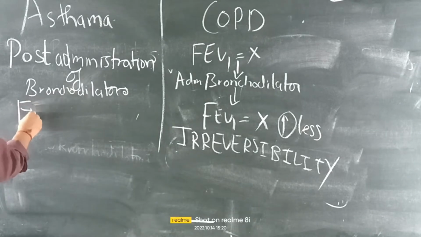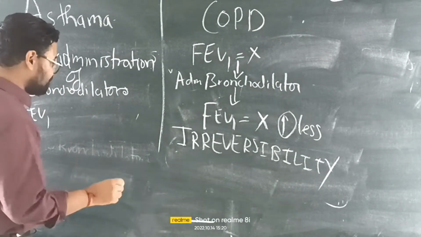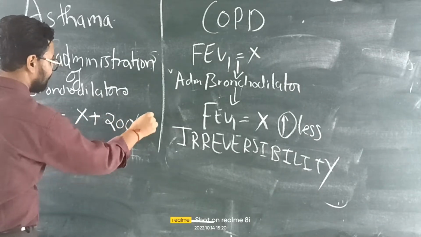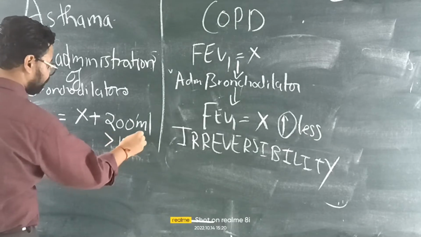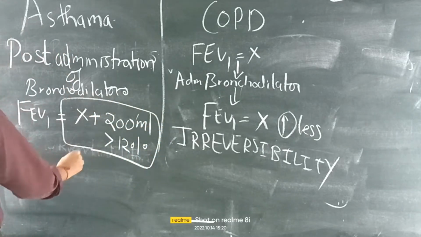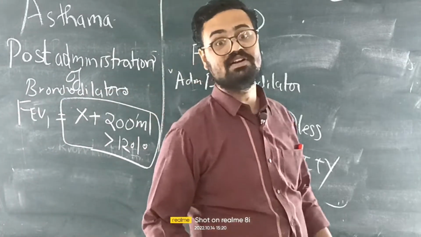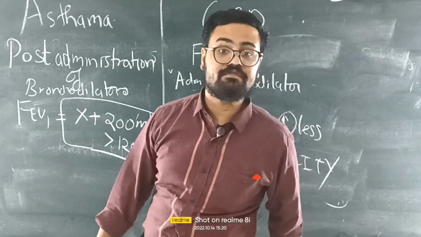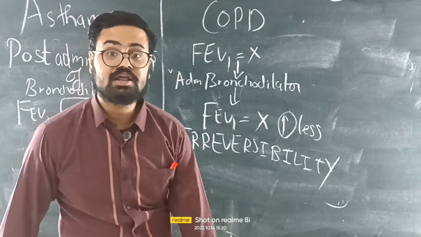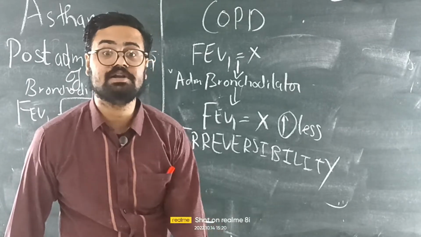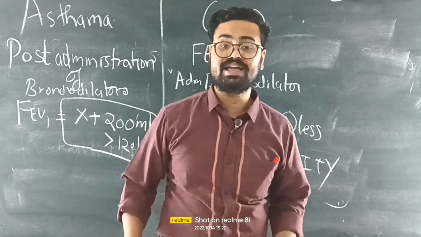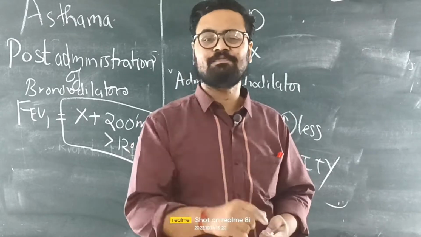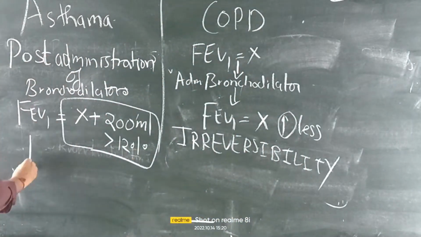Suppose the FEV1 increased by 200 ml or greater than 12%. In COPD, FEV1 is not increasing; this is showing irreversibility. In COPD, irreversibility is shown, but in asthma there will be reversibility. Why reversibility? Because there will be an increment of FEV1 of more than 200 ml or 12%.